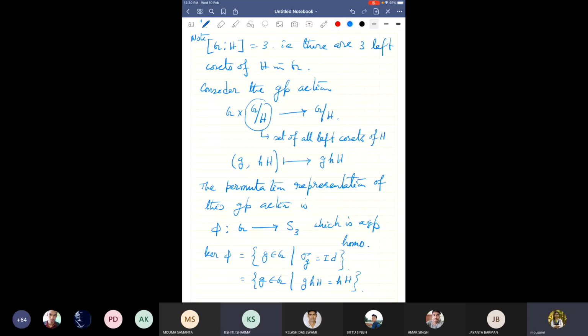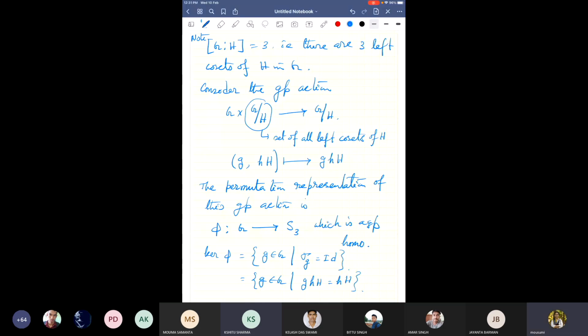Yes. I mean, in the proof of the Cayley theorem, we defined the function psi from G to S_n, where n is the cardinality of G. Yes, and here the cardinality of G is 6.